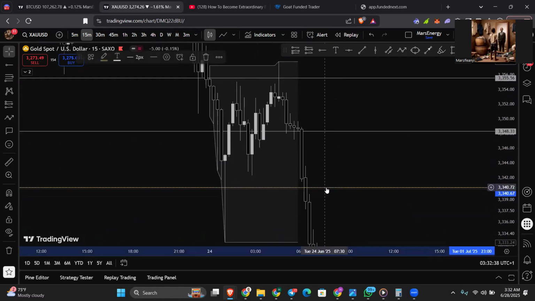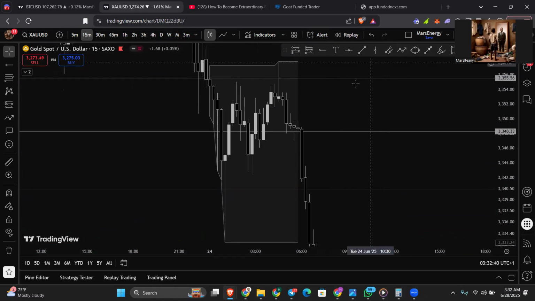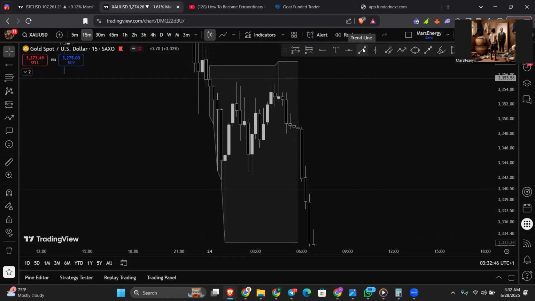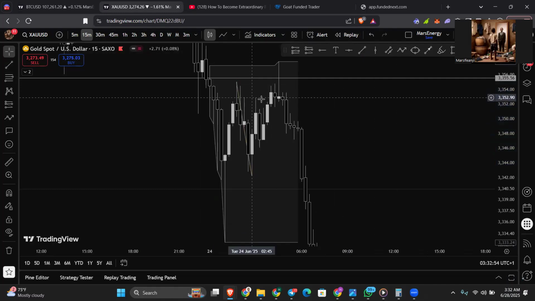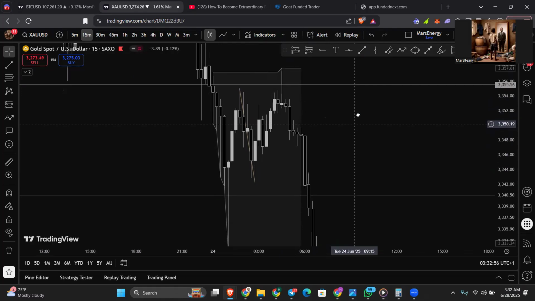Let me remove this guy. So this move here is what triggered the early sellers to start selling, right? So this is an inducement. It's a kind of trick on them. They started selling.